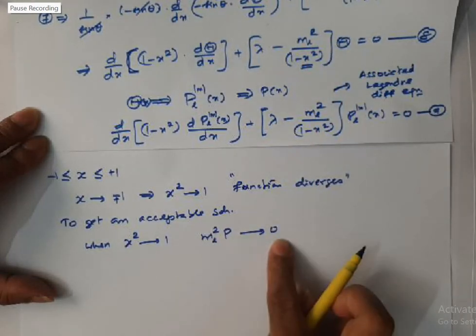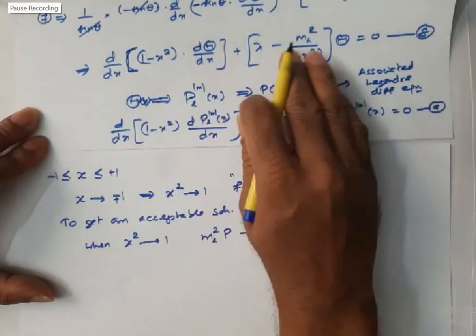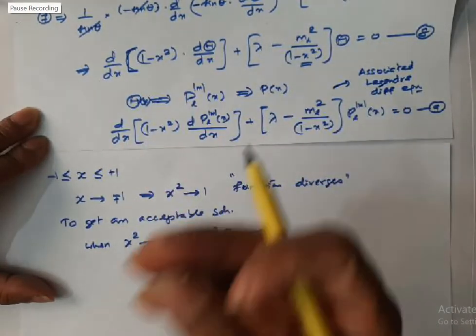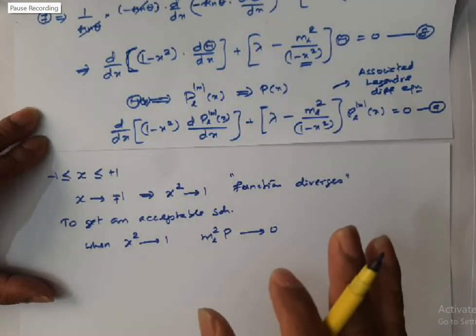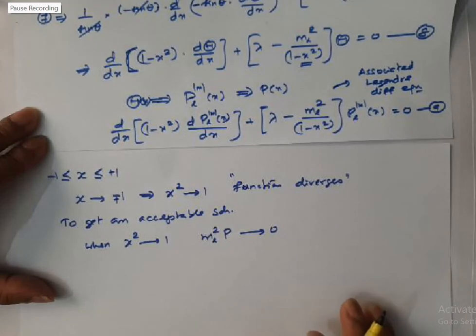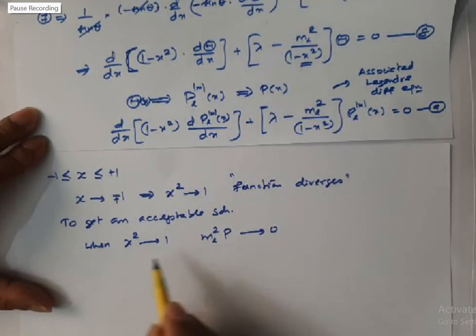If this approaches 0, this part becomes 0, you'll get a valid differential equation and a valid solution. The function will appear as a well-behaved function. So when x square approaches 1, this quantity should approach 0.